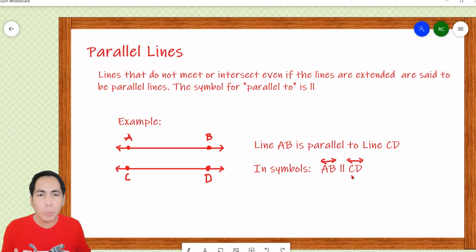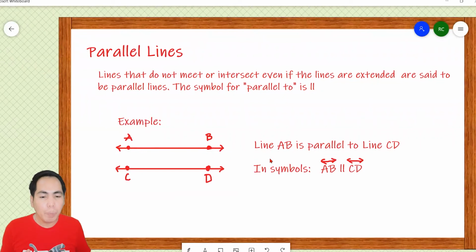How do we know whether the lines are parallel or not? We know that the lines are parallel if no matter how we extend the lines, they will never meet. Take a look at this example. Even if we extend this line in this direction and this line also in this direction, they will never meet at any point.